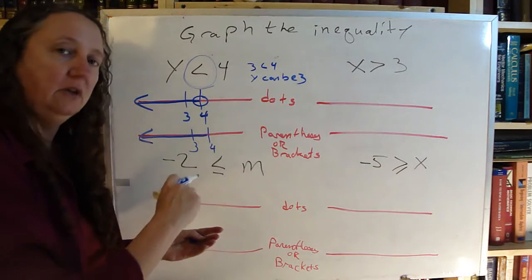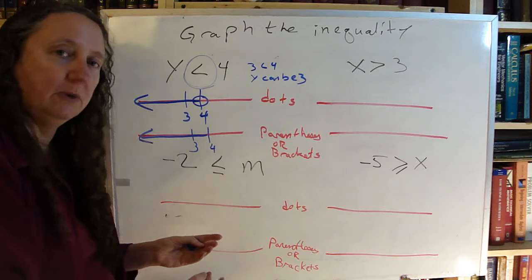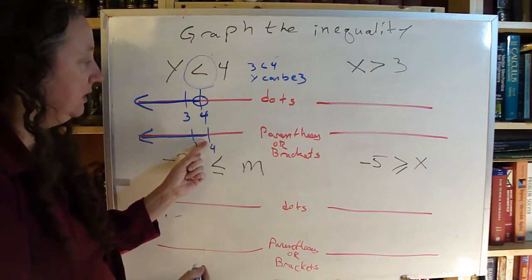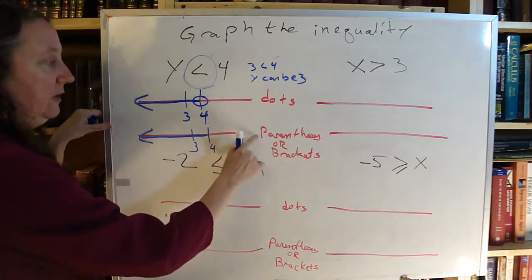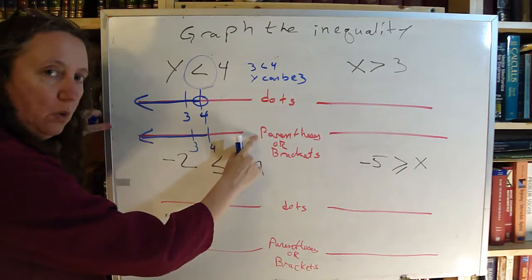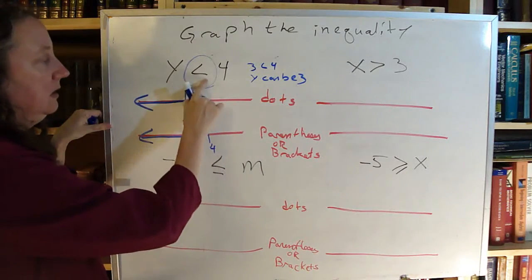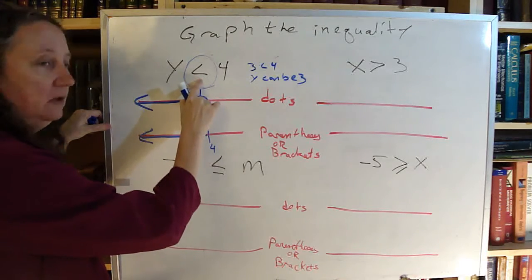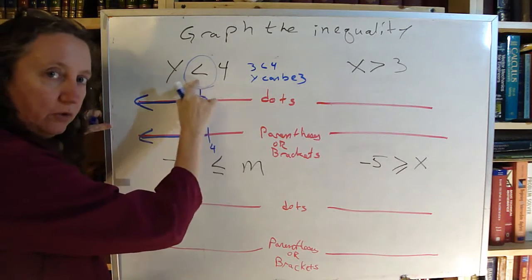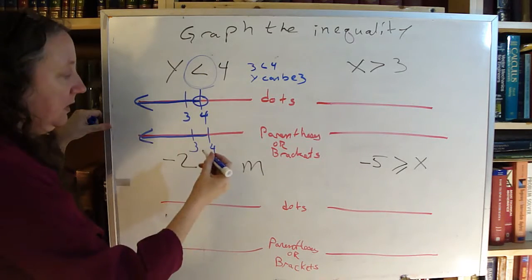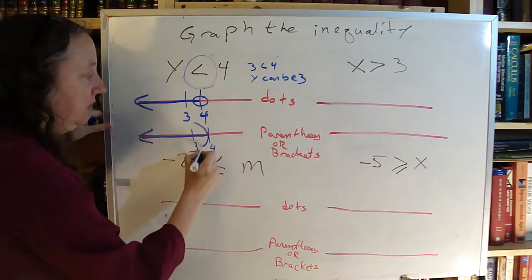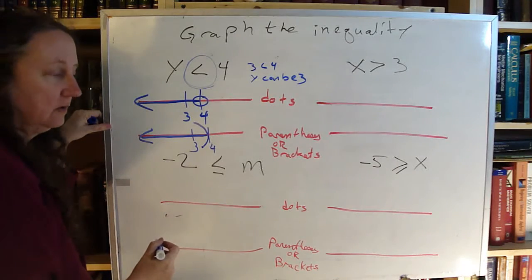The parentheses is going to get close to the number, but it's never actually going to get to the number. So parentheses does not equal the number. This symbol here does not have the extra equal to sign on it, so this does not equal. So that is telling me I need to use parentheses.